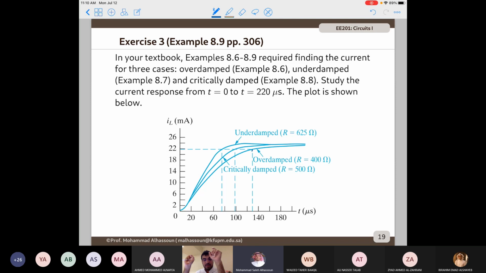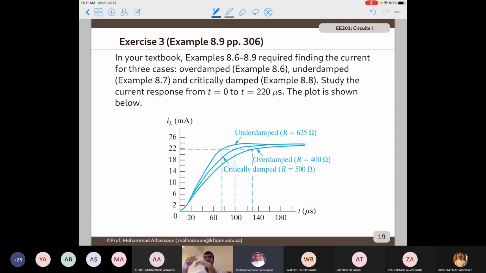So you see that you are shooting for critically damped, but the issue with the critically damped is that it's a single point, meaning that you have to choose R to be exactly 500. However, if you take any physical resistor, you will see that it comes with tolerance. For example, if you have a 500 resistor, sometimes it has 5% tolerance, or 10% tolerance, which means that it could be anything from 450 to 550.